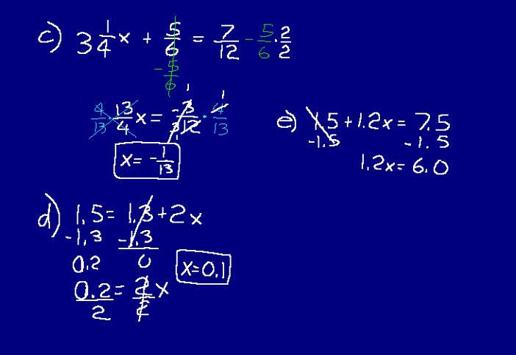Now we need to divide both sides by 1.2. So go ahead and do that. So that 1.2 cancels on the left side, and we have x is equal to 5.0. So that's our answer, 5.0.